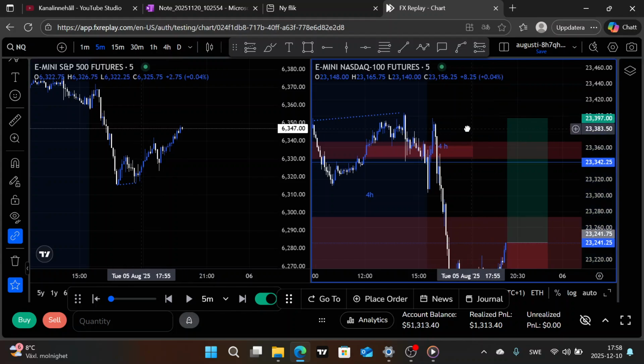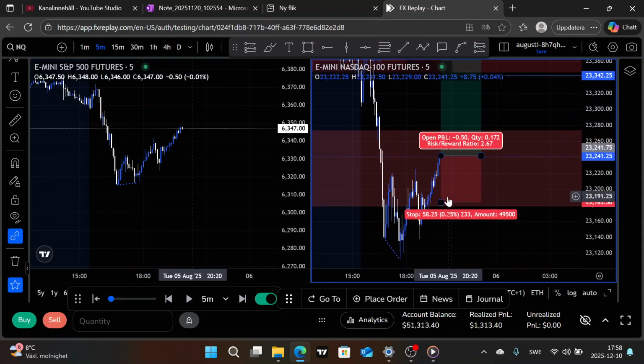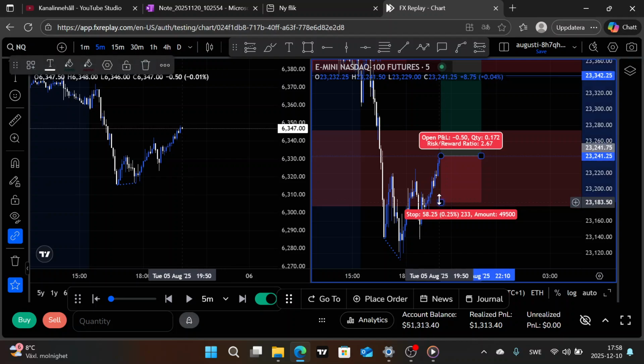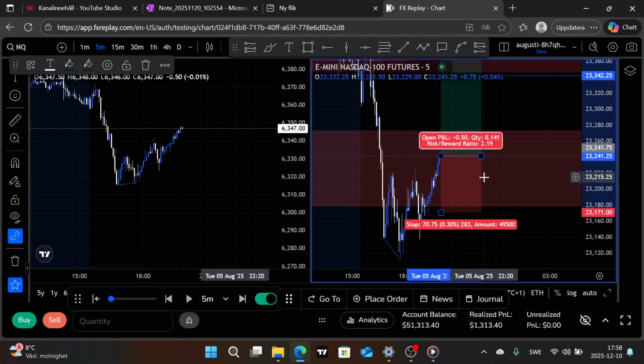And my stop loss will be this internal low. The risk reward is 2.19.